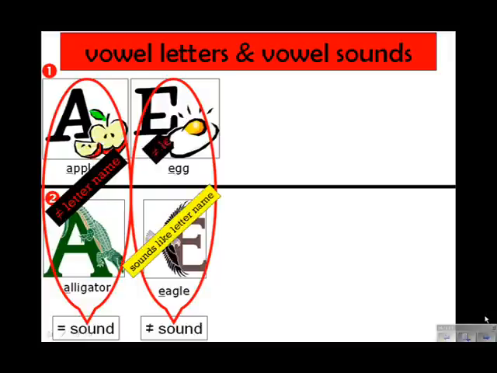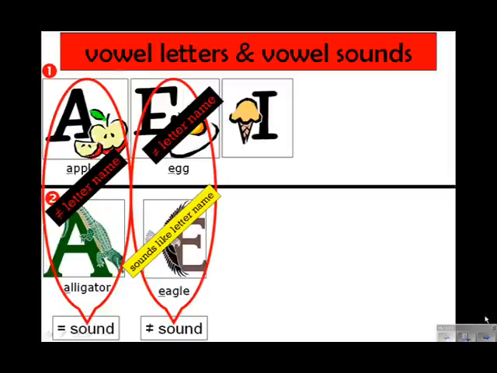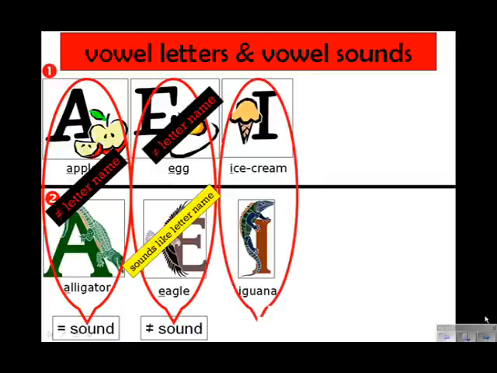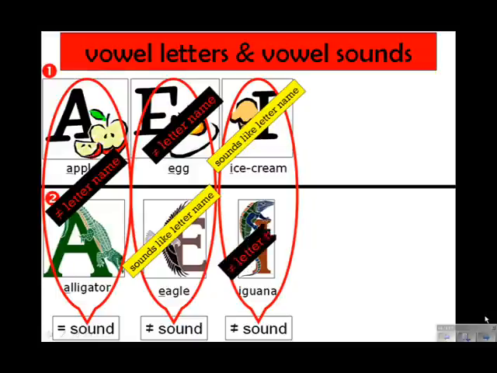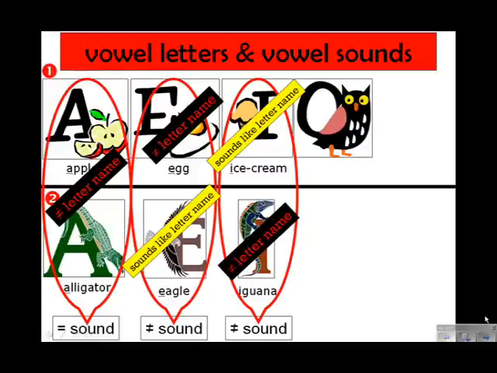Now I for ice cream, and I for iguana. Here, ice cream and iguana don't share the same sound, and the I in ice cream sounds like the letter name I. O for owl, and O for ostrich.